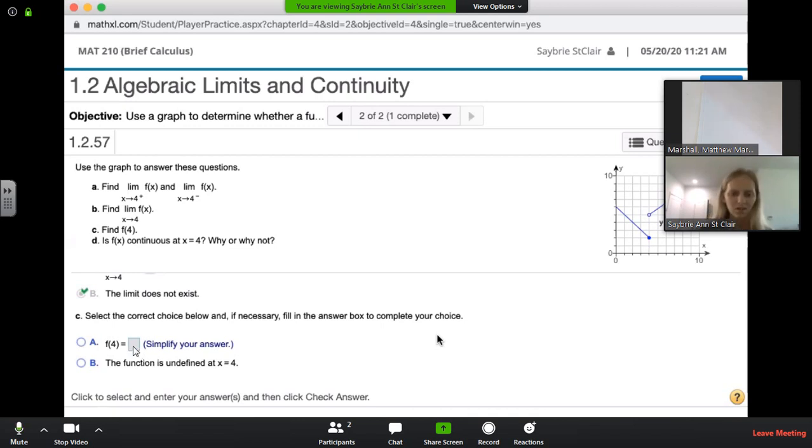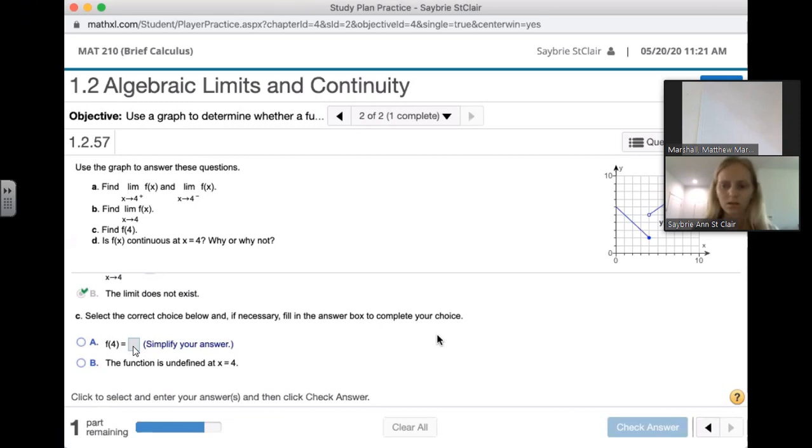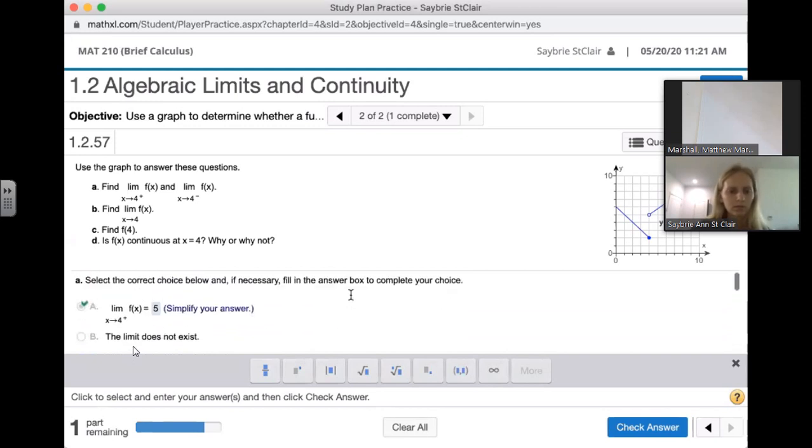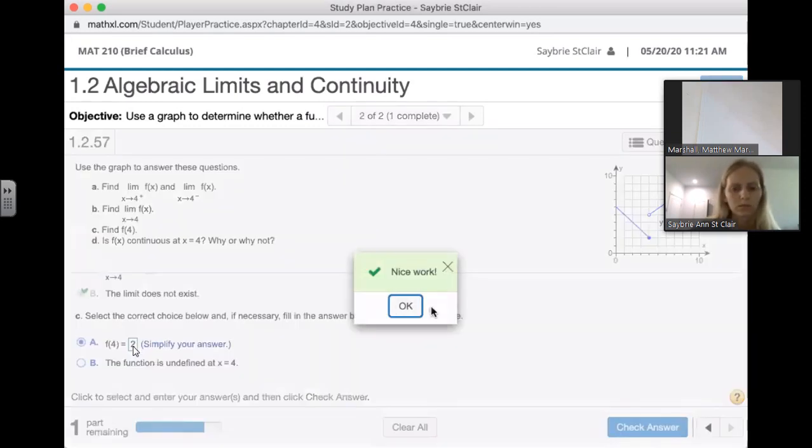I mean, it looks like, because you have that solid dot right there. So I would say A and put a 2 in that box. You might get that one wrong, but we'll see. I was right. Okay.